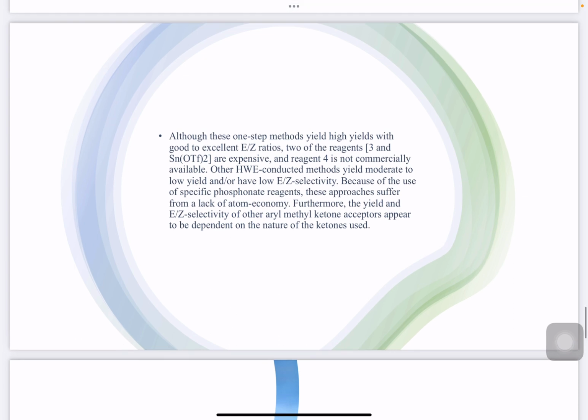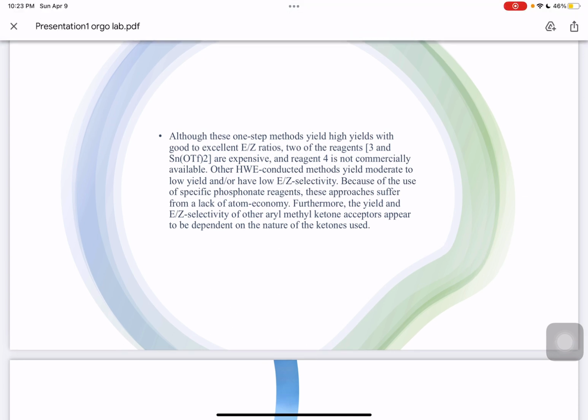So the yield and the product that we would collect, if we were to perform this reaction, depend on the nature of the ketones we use, and also on what type of reagents we are using.